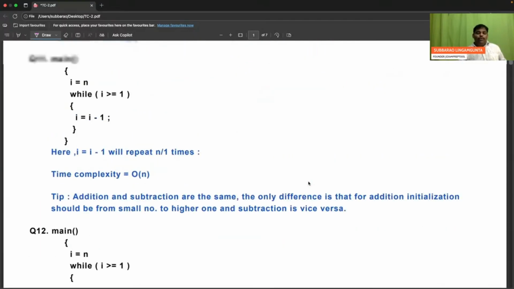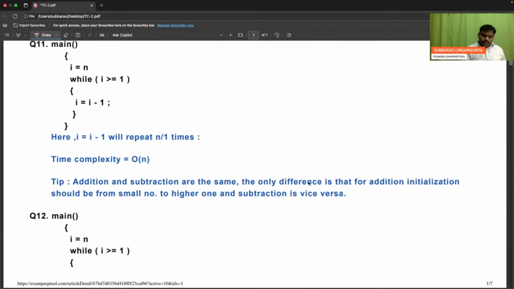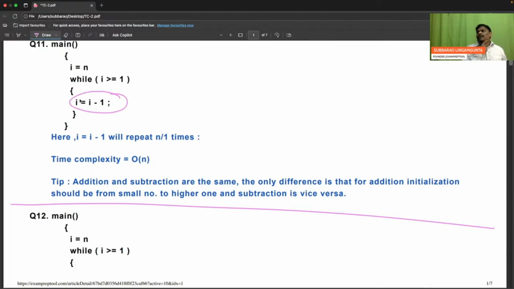Let's go to problem number 11. If you observe clearly, listen everyone, very interesting: you are decrementing. Decrementing doesn't matter. How many times the loop runs, that matters.